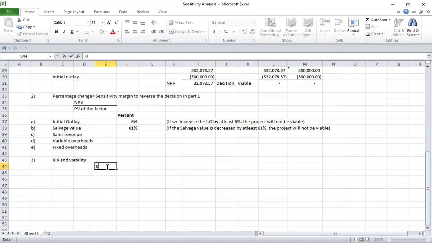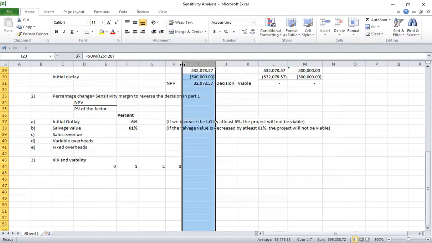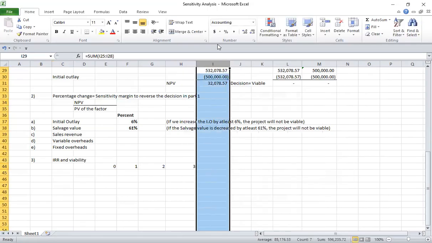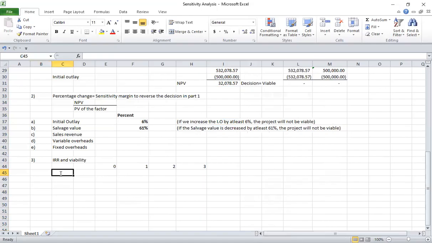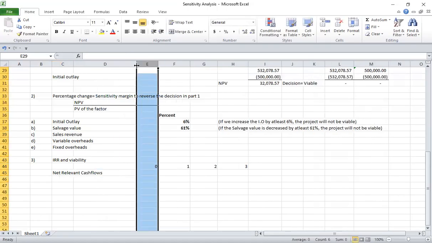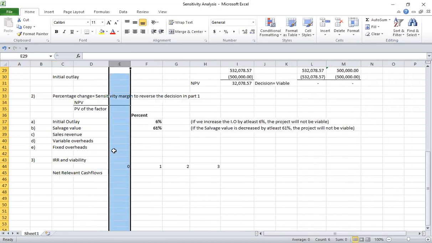How much was it in period 0, how much in period 1, how much in period 2, and how much in period 3? The net relevant cash flows were how much per year? Negative 500,000, so that is period 0.